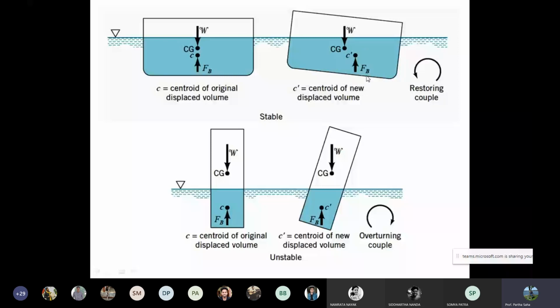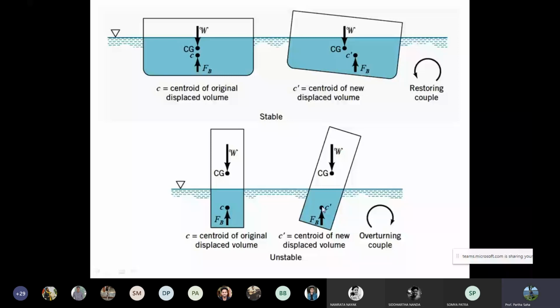But for a slender body, you can see the same concept here. What I have talked about, CG is above the buoyancy force, C is here. But here, the moment it turns, the displaced amount of liquid shifts to the left-hand side. So the center of buoyancy is now on the left of the center of gravity. So the center tries to move further away from the axis of the center of gravity.